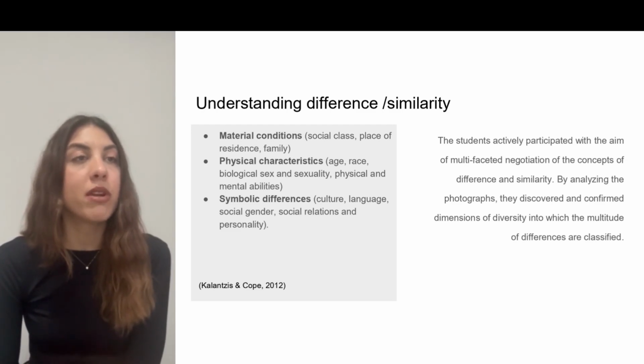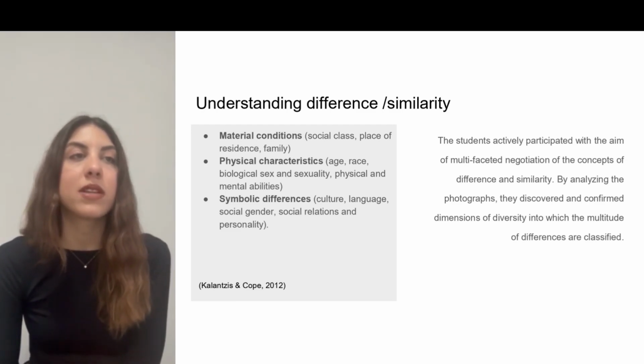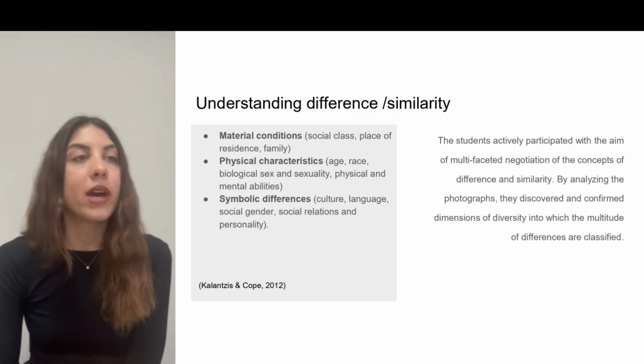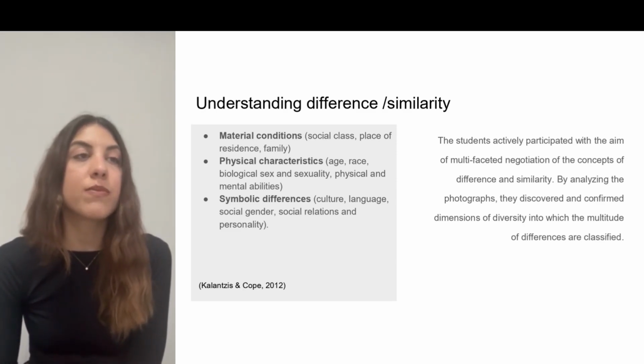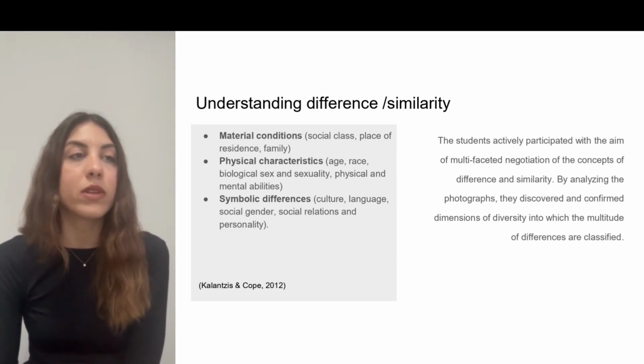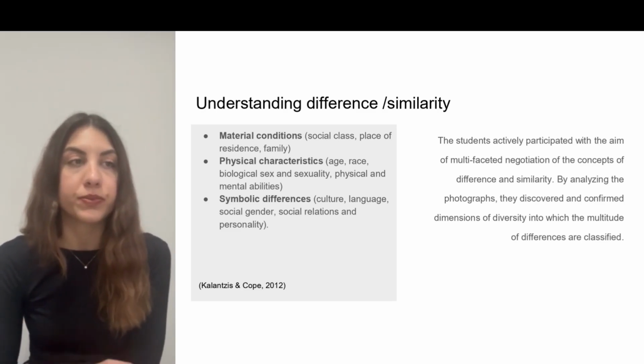We have material conditions, social class, place of residence, family. We have physical characteristics like age, race, biological sex and sexuality, physical and mental abilities, and also symbolic differences like culture, language, social gender, social relations, and personality.